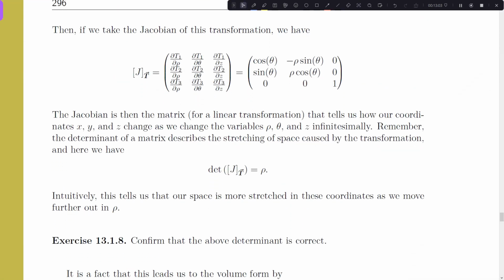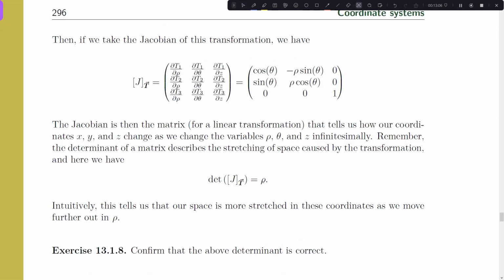But once we multiply them together, it turns out it all simplifies to rho. The rho here comes through as the extra term we need to account for, d rho, d theta, dz. So there's an extra term we need to account for of exactly rho when we multiply them all together.